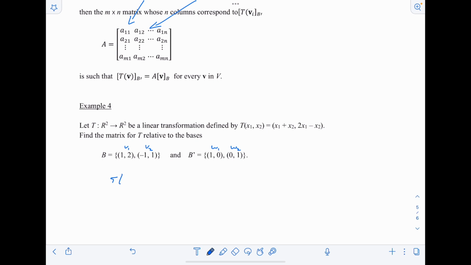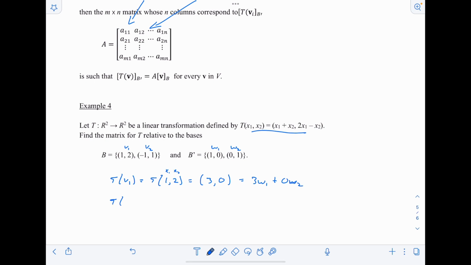So T of V1 is just T of 1, 2, right? V1 is 1, 2. And using our definition here that we're given, if we just call this x1, x2, and plug those in, we will get 1 plus 2 is 3, and 2 minus 2 is 0, which relative to B prime is just 3w1 plus 0w2.